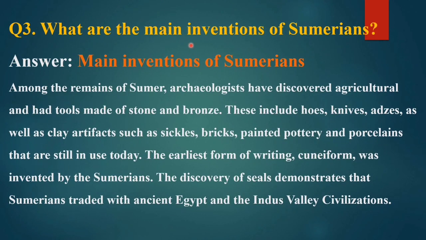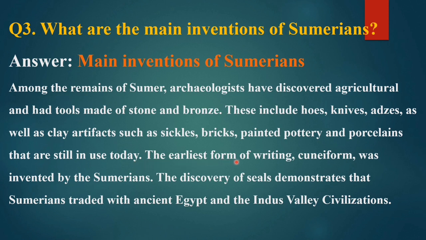What are the main inventions of Sumerians? Among remains of Sumer, archaeologists have discovered agriculture and tools made of stone and bronze. These include hoes, knives, adzes, as well as clay artifacts such as sickles, bricks, painted pottery, and porcelains that are still in use today.